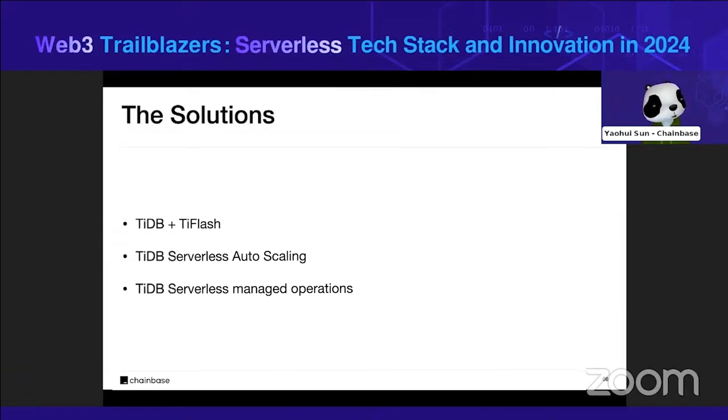This means we can swiftly scale up to meet performance demands and equally scale down during quiet periods for optimizing costs. Lastly, the managed operations of TiDB Serverless allow us to focus more on our core business, ensuring that our development resources are utilized where they matter most.